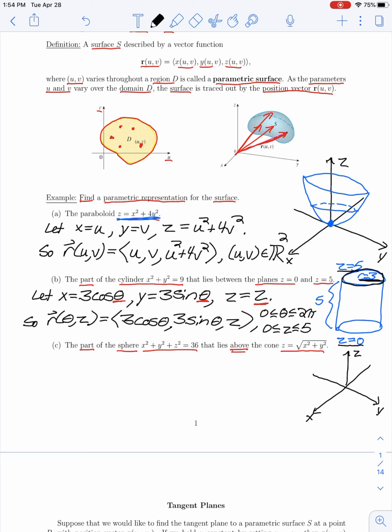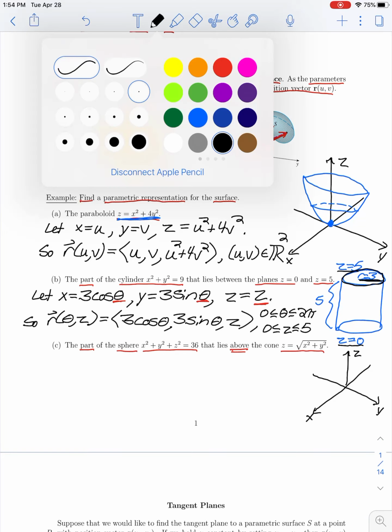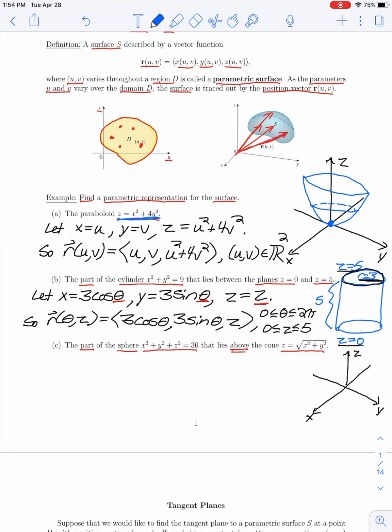And we are looking at part of a sphere that lies above a cone. So let's start by sketching the graph of our cone. Z is the square root of x squared plus y squared, so that is the upper half cone, where z is the positive square root. So we have something that looks like this.